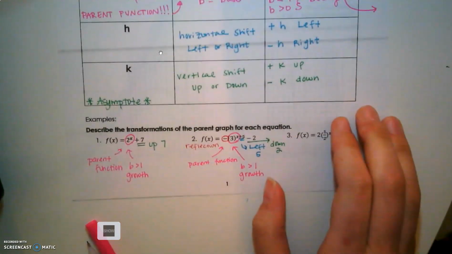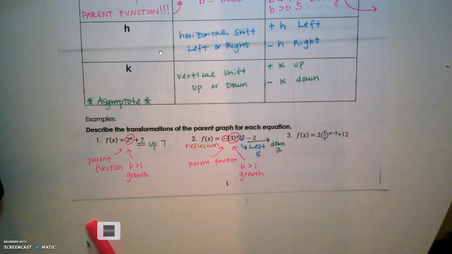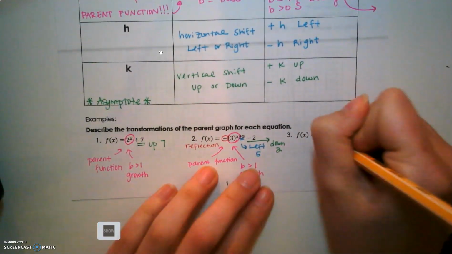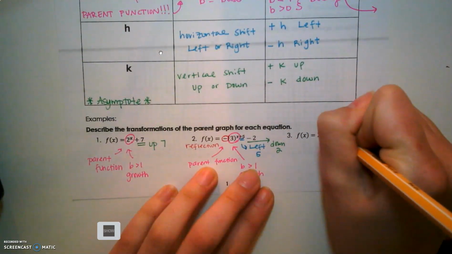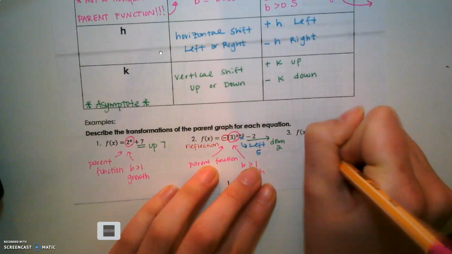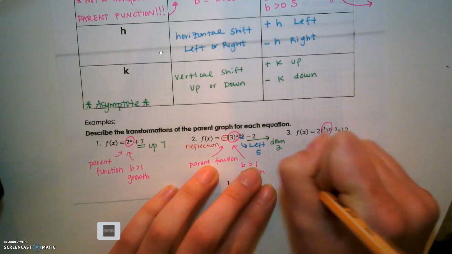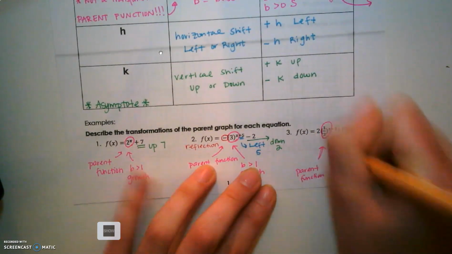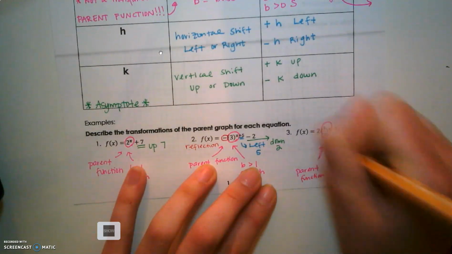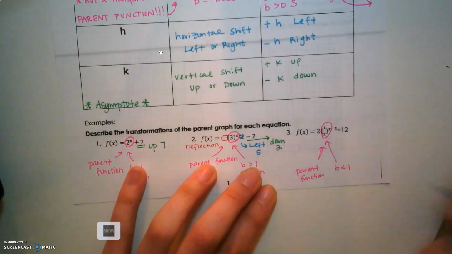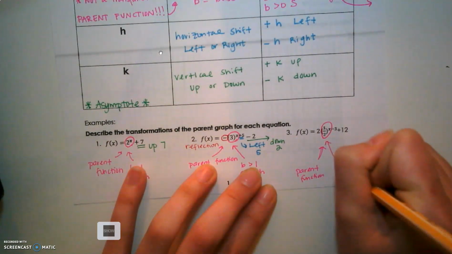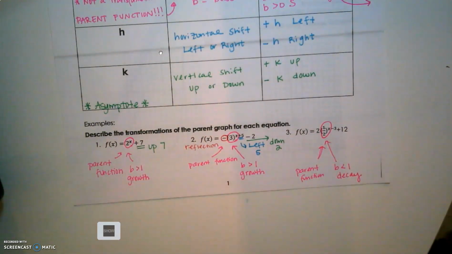Another example here, let's look at our parent function: 1/2 raised to the x. Again, that's the parent function. That tells me my base is less than 1, so I'm going to have a decay function. Again, just an important characteristic.